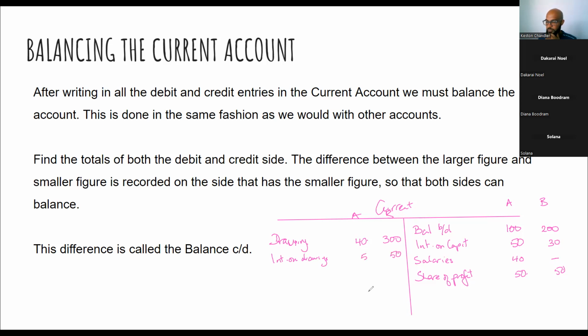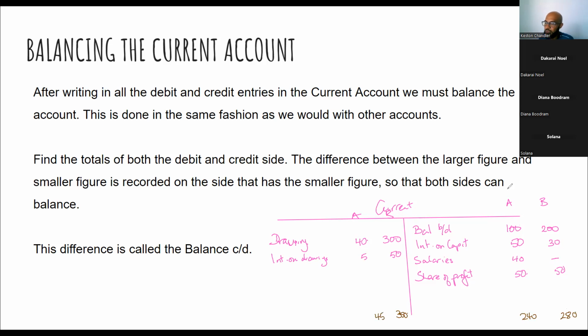I'm just making up some figures. To balance this current account, we add up both sides. This side is going to add up to 280. This is going to add up to 240. Here is going to add up to 350. And here is going to add up to 45.